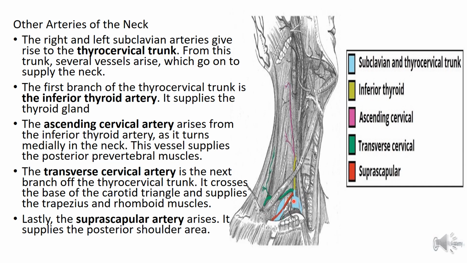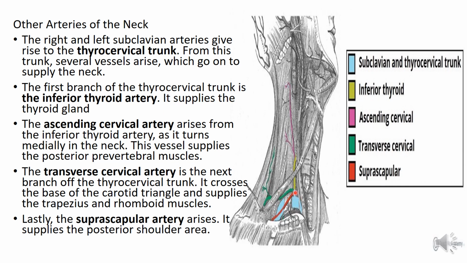Here you can see the picture. The light blue colored arteries are the thyrocervical trunk. The right and left subclavian arteries on both sides give rise to the thyrocervical trunk on the concerned side. Several blood vessels arise from this trunk which supply different parts of the neck.